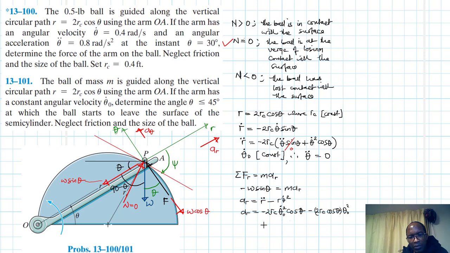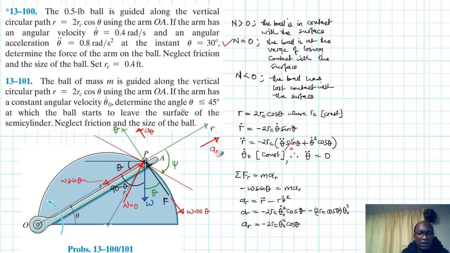Therefore a r is just going to be equal to minus 2 rc theta naught squared cos theta, and these are two of them, 2 rc cos theta with this.